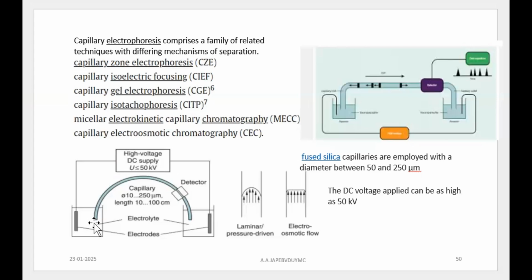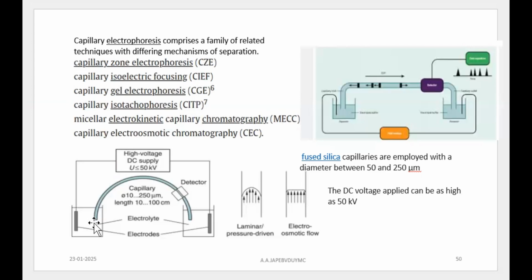So they will migrate, and the movement of charged molecules in the solution will move them towards the oppositely charged electrode, right? So owing to the electrophoretic migration, positive and negative sample molecules will migrate at different rates. Now the analytes are separated by electrophoretic migration, but at the same time there is another factor which is going to decide the rate.